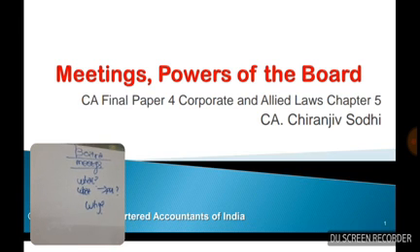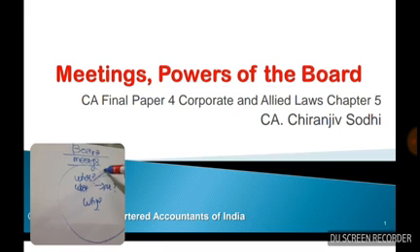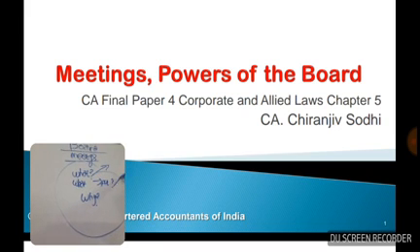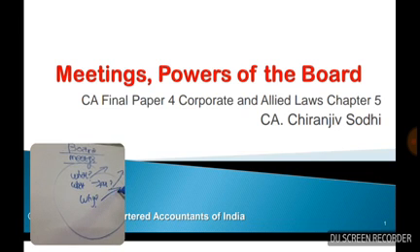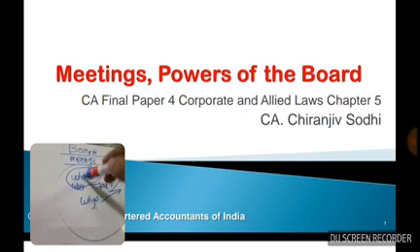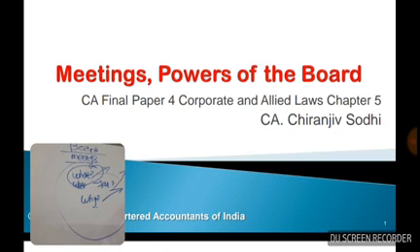So we'll proceed in this way for important terms: what is a board meeting, what was said in the Act related to board meetings, and why it was incorporated. When coming to what is a board meeting, it's a group of directors of the company who meet together to discuss the affairs of the company and their future acts, to exercise their duties and their powers.